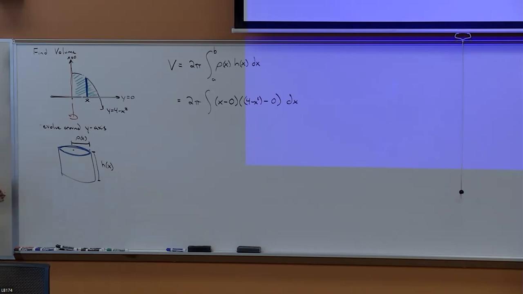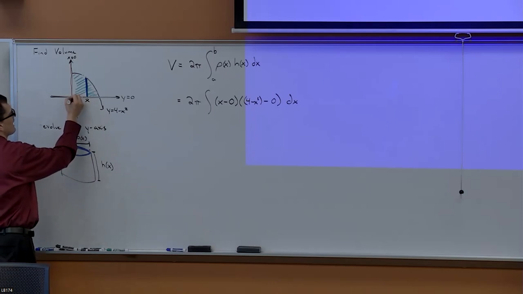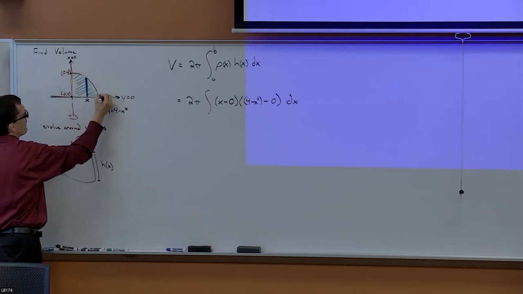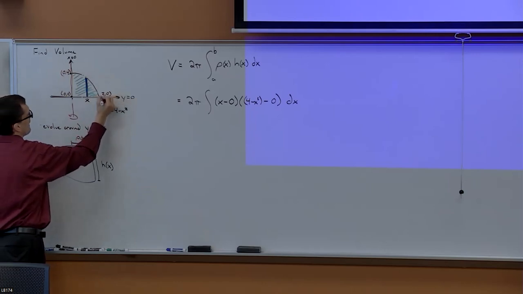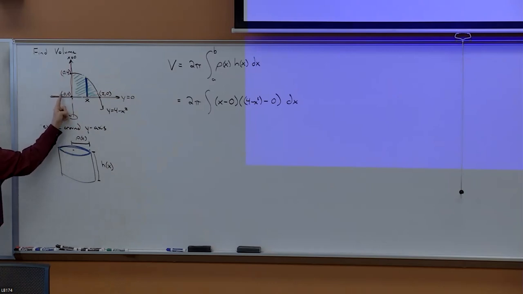And just like we have before, since we're integrating with respect to x, we're going to look at the left-hand x values of the region over to the right-hand x values of the region. So since these are x values, we're going from x value of 0 all the way to an x value of 2.